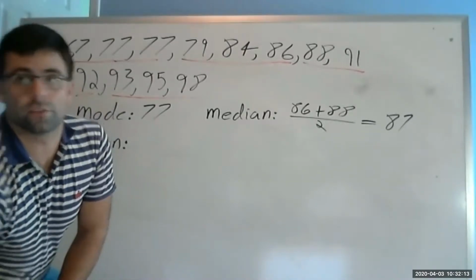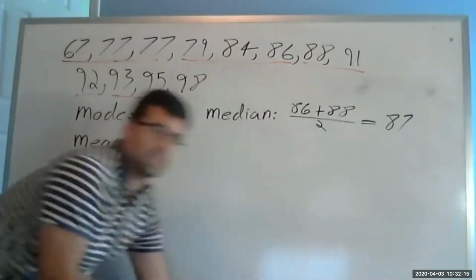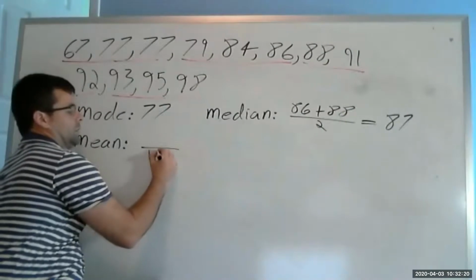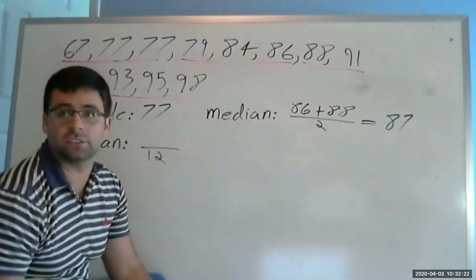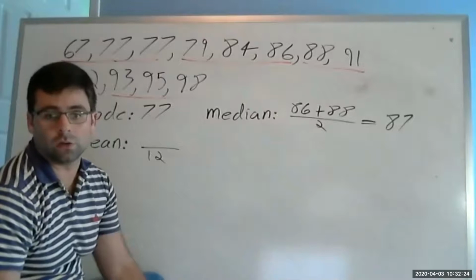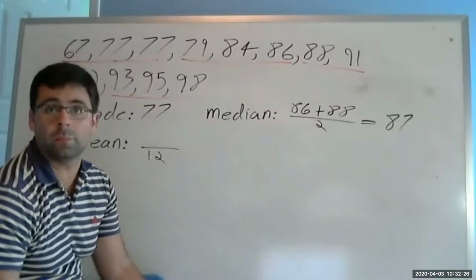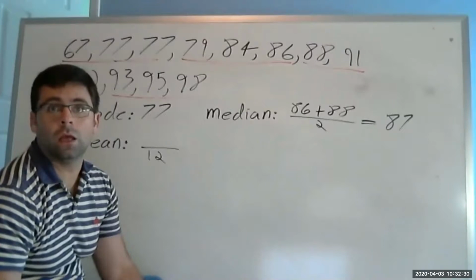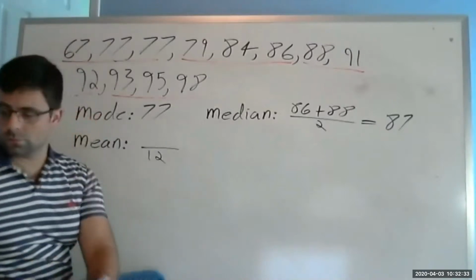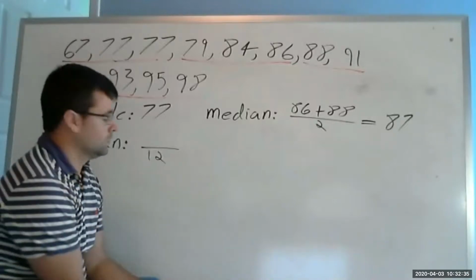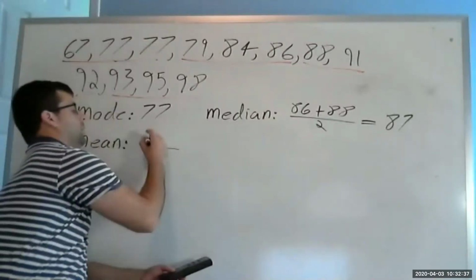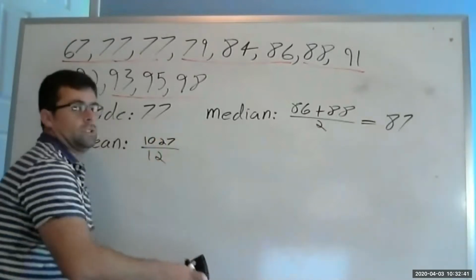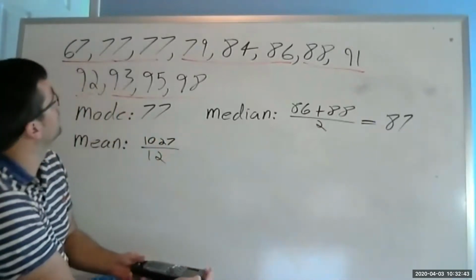Okay. So the mean of this data set, there are 12 numbers. Does anybody know the sum, or does anybody already know the mean of them? I think there are 10, 27.